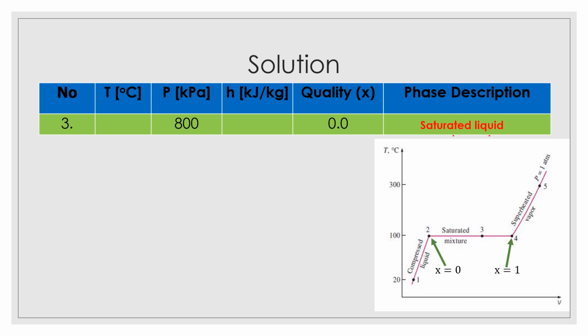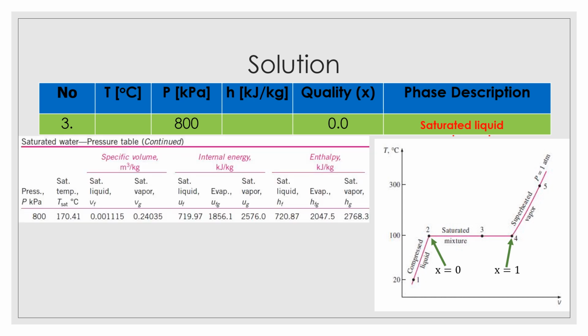Next, we need to determine the temperature and enthalpy. Of course, for this we need to refer to the table. Since the given information is the pressure of 800 kilopascal, we refer to the property table based on pressure. Referring to 800 kilopascal, we can get the temperature straight away, 100.41.